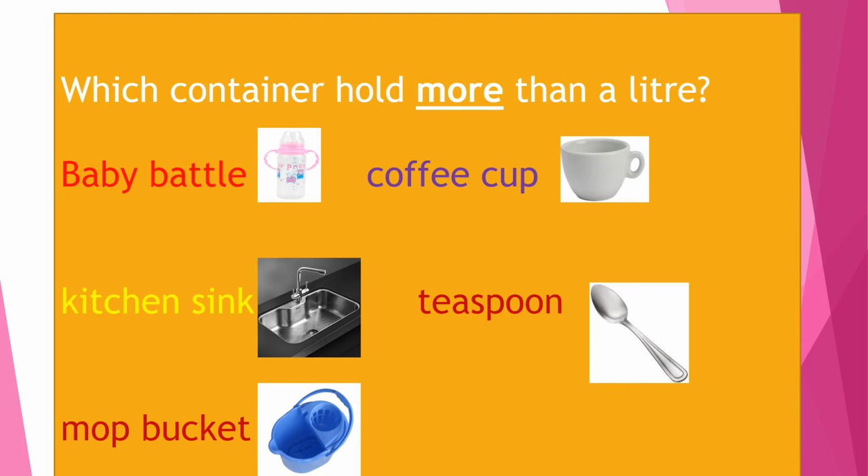The next we have a coffee cup. Do you think a coffee cup is up to a liter, or is it more than a liter? I don't think a coffee cup is up to a liter. How many cups of liquid make 1 liter? 4 cups. Okay, good job.